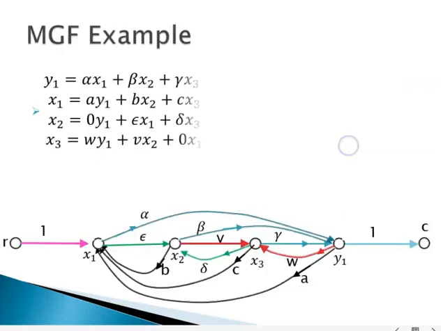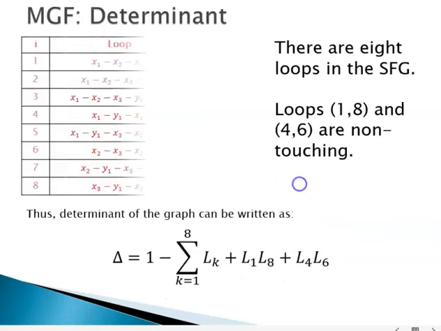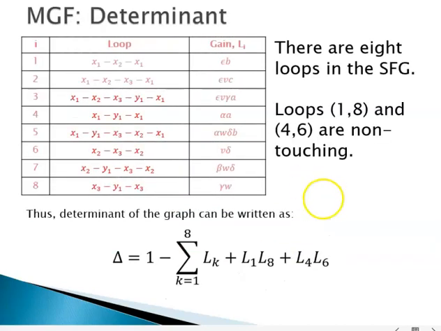So we say that we have this set of equations, and then we drew a signal flow graph here, and now we start applying Mason's gain formula. For finding the determinant, that is the first step in applying Mason's gain formula, MGF, you need to identify loops. We have counted that there are 8 loops in the signal flow graph.